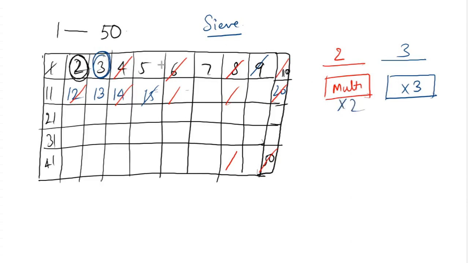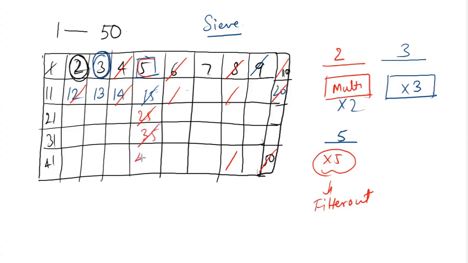The next unmarked number is 5. So that is another prime number. 5 will be taken and all its multiples will be filtered out. So 5, 10 which is marked, 15 marked, 20 marked, 25 will be the next number. Then 30 is marked, 35 will be marked, 45 is already filtered out.